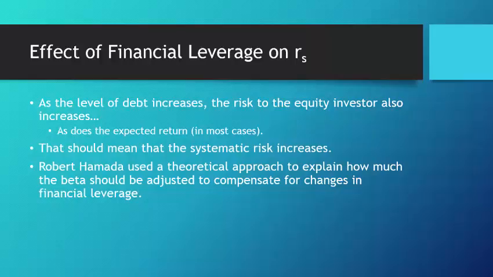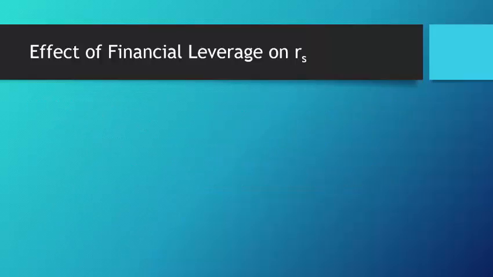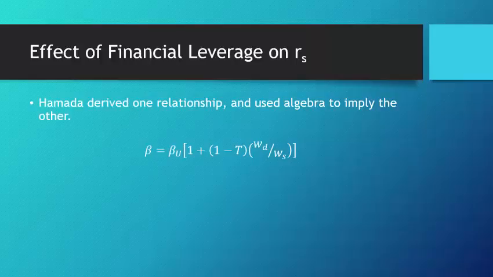And so it's that set of relationships that we're going to be using to estimate the adjustments here. So Hamada derived one relationship in the paper, and essentially then once you derive the one, then you just use some algebra to solve for the other.